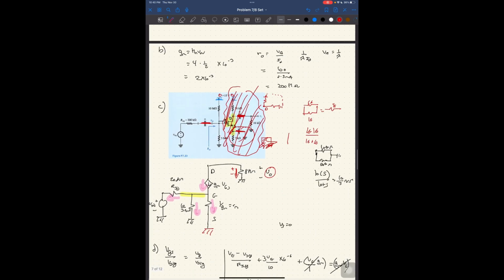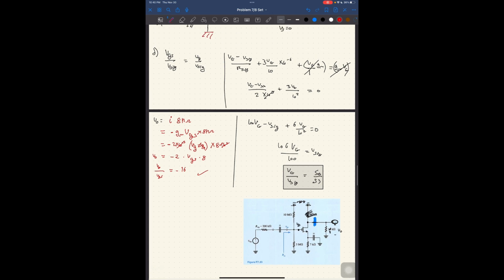So with the understanding that VGS by V sig times VO by VGS is equal to VO by V sig, given that they cancel out.